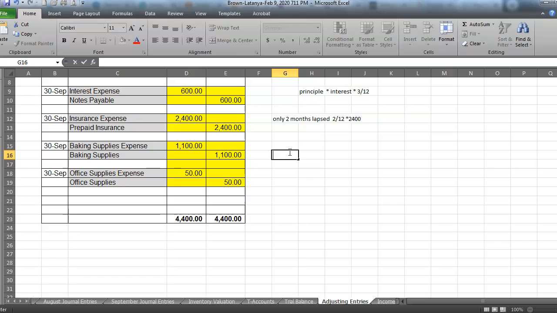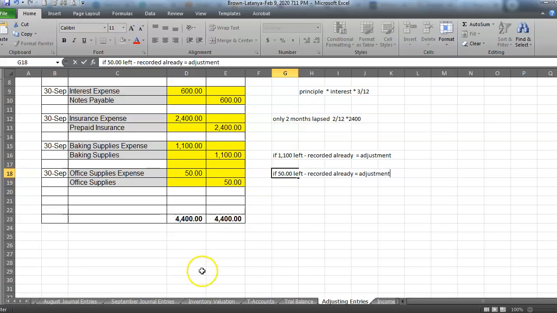Remember, if you have 1,100 left, you need to subtract what you recorded already, equals your adjustment. And the same is true here. If you have $50 left, you need to subtract what you recorded already to equal your adjustment.